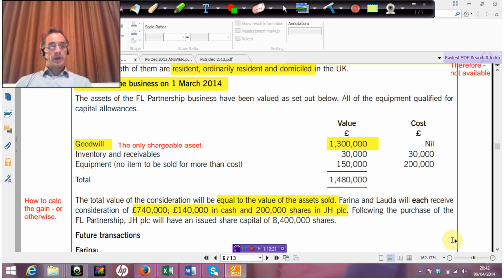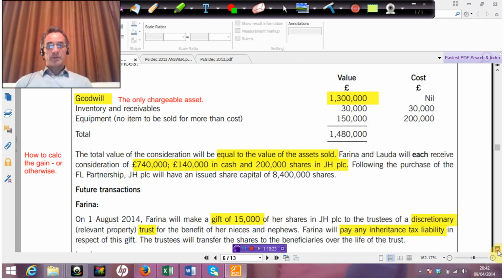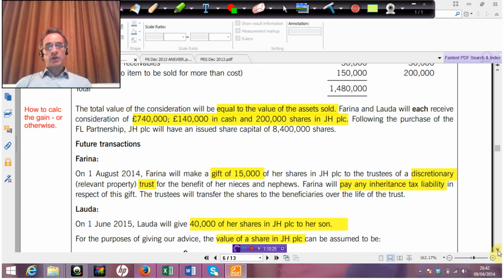Okay. Moving down from that, in terms of future transactions, we've got basically each of the individuals disposing of their shares in some way, shape or form, their shares in JH PLC subsequently, both Farina and Lauda. Yeah, and what they're asking us to do in the requirements really is just make sense of the tax impact.